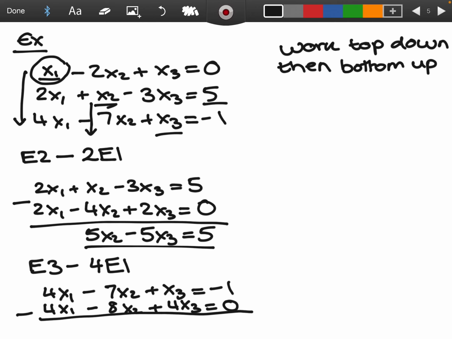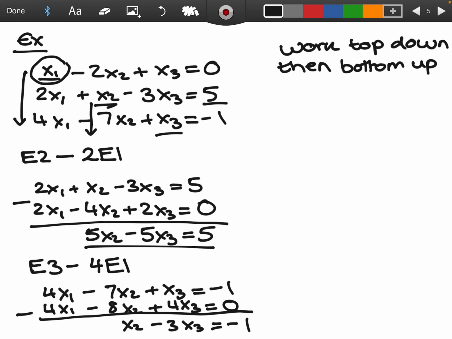So there's no x1s left. Then negative 7 minus negative 8x2 is going to leave me with x2. Then x3 minus 4x3 is going to give me negative 3x3, and that's going to equal negative 1.